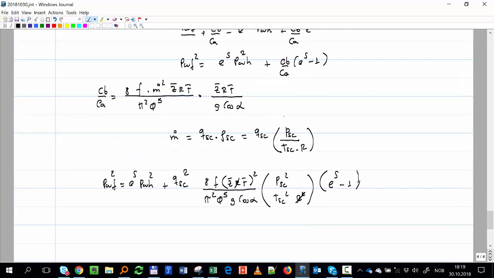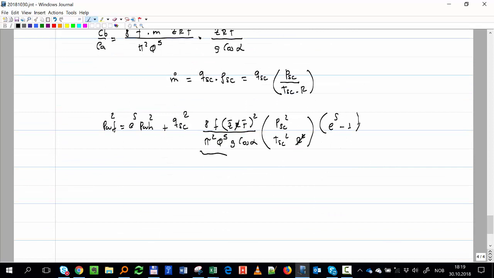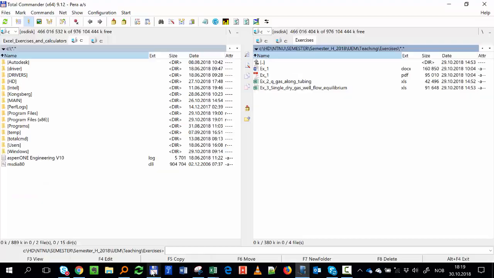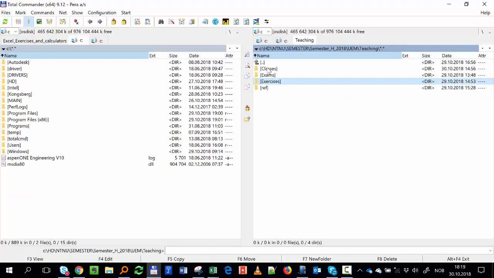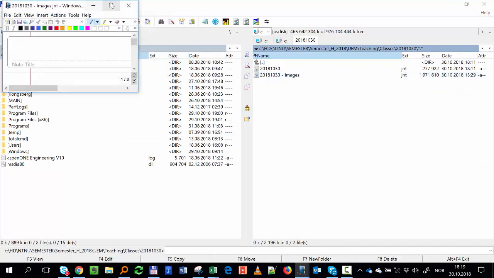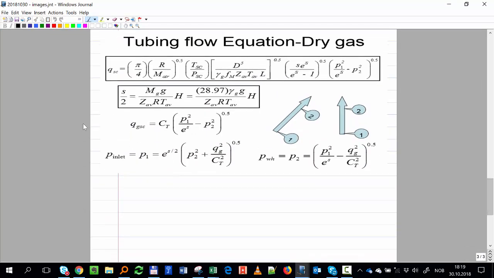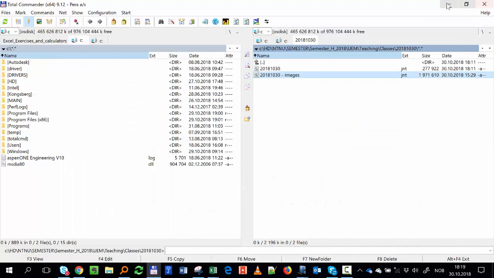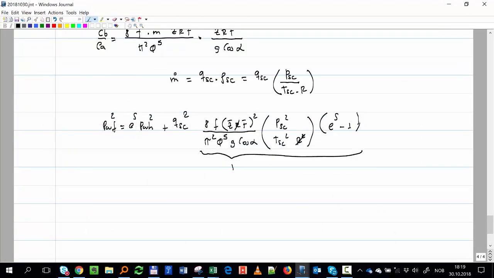Okay, and so all of that we call, okay, this is everything that I call CT1 over CT squared.